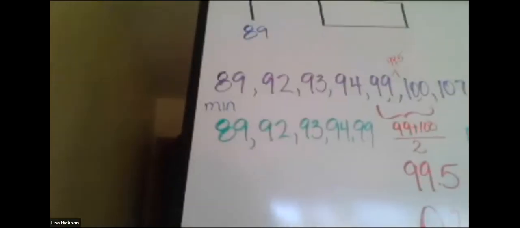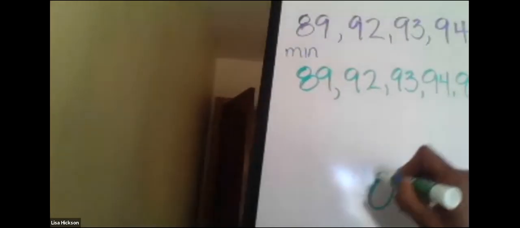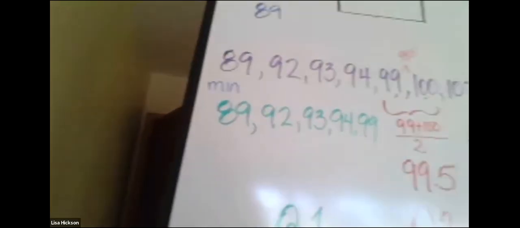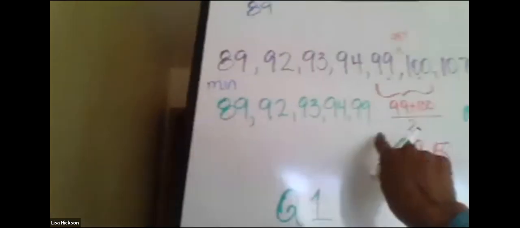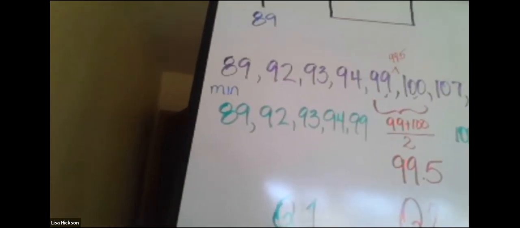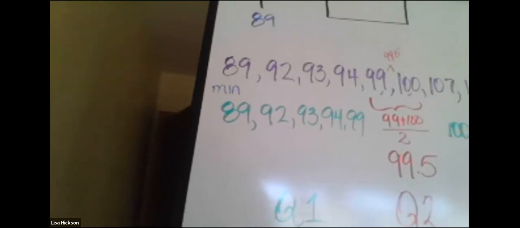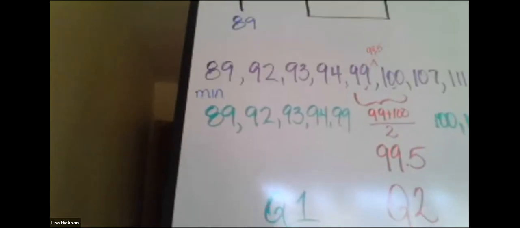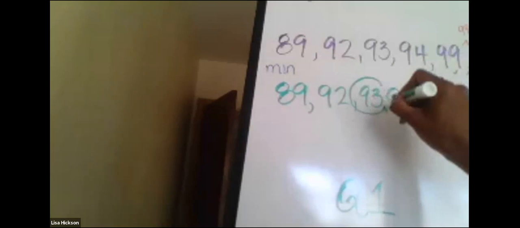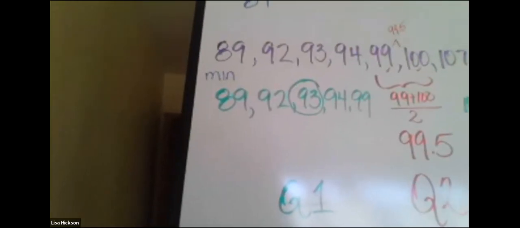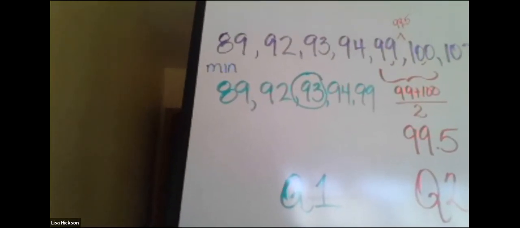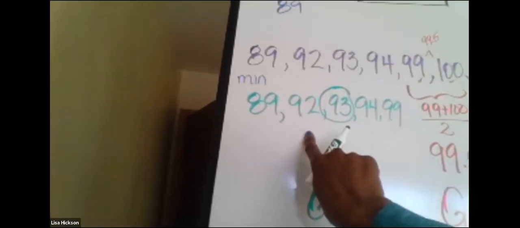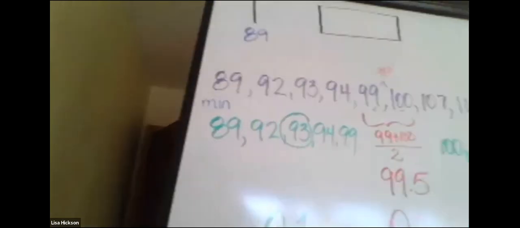So now, what is the median of the lower half of the data? The lower half are just these 5 numbers in green. It's 93, wouldn't it be? Yep. Because now that we have an odd number of terms, we came in 2 from the left, we came in 2 from the right, 93.